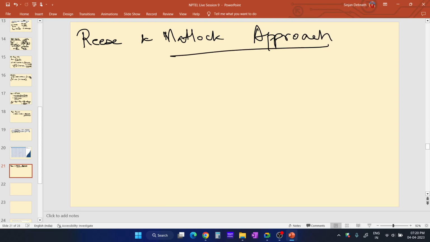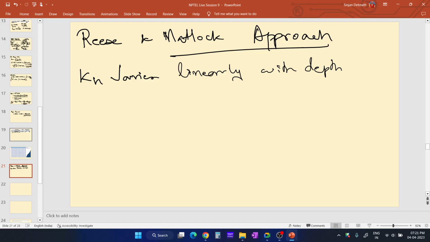In the Reese and Matlock approach, KH varies linearly with depth. In the Hetenyi approach, KH remains constant throughout the depth of the pile. How does KH vary?